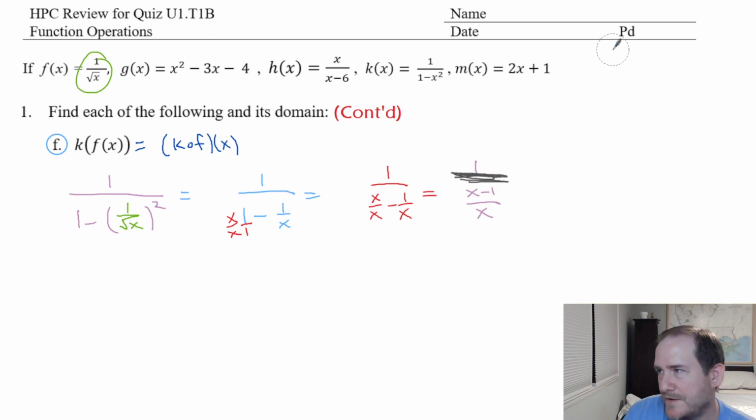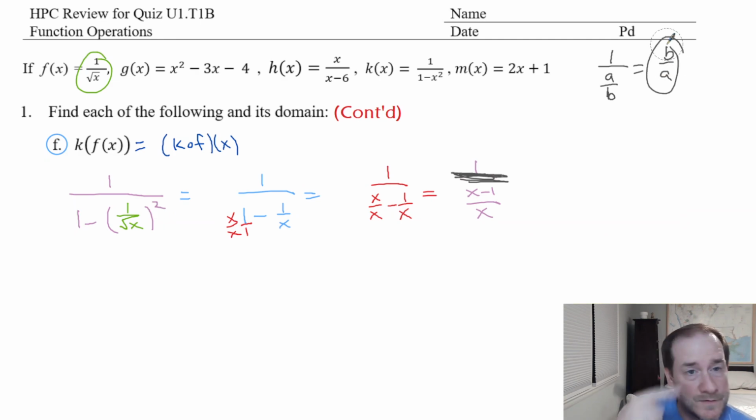You can take for granted that 1 over A over B will 100% of the time just be B over A. That's a fact. So you know that this is just going to be X over X minus 1.